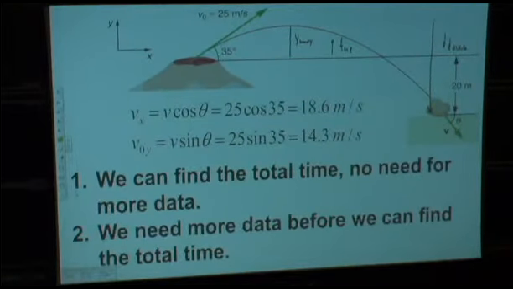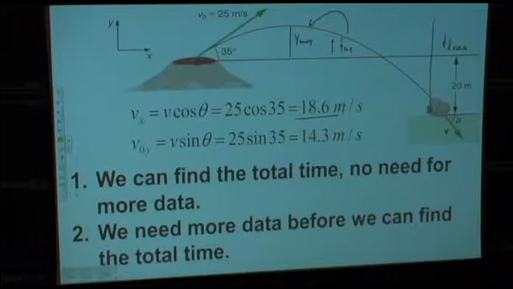And normally that would be the best case scenario, because for most of the problems we would have to calculate time up anyway, because that's what we do normally if we need to answer the question about maximum height as well. However, in this particular situation, no, we don't really need any extra data if we want to calculate just the total time.